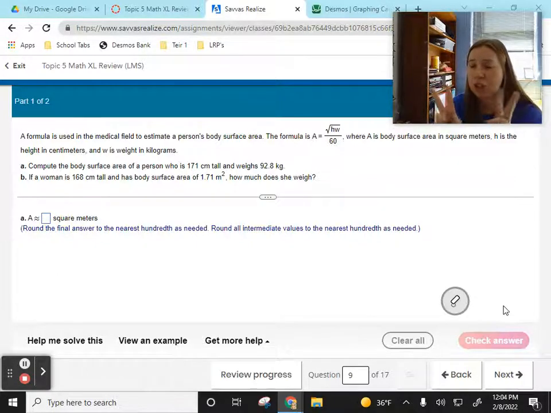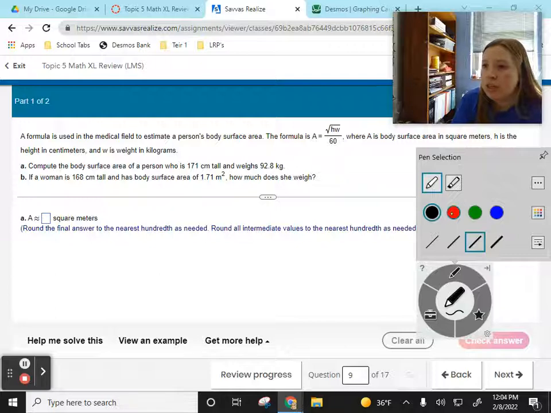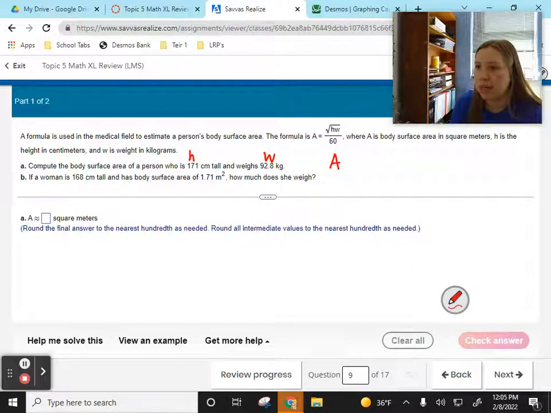So we're having two different problems here. Part A says compute the body surface area of a person who is 171 centimeters tall and is 92.8 kilograms. So we're given the H and the W. So all we have to do is plug in A equals the square root of 171 times 92.8 divided by 60.